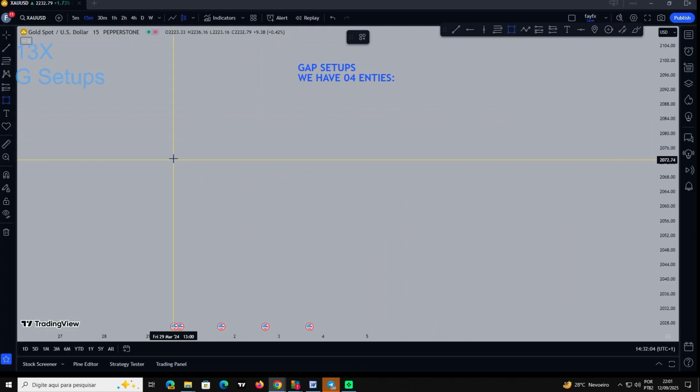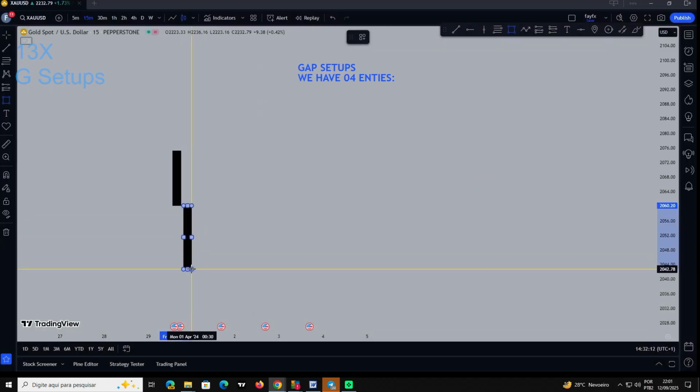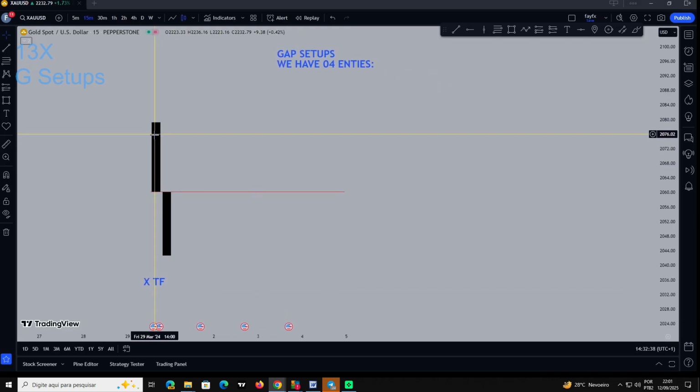The first one is, imagine we have a bearish gap here, at X time frame. And when we go one time frame lower, what are we going to find?